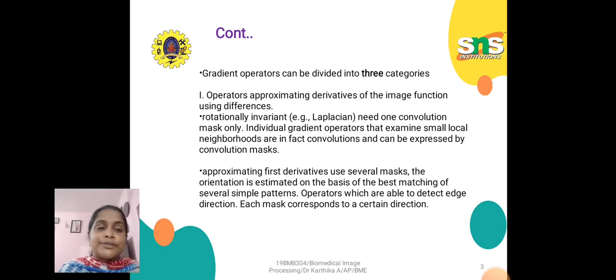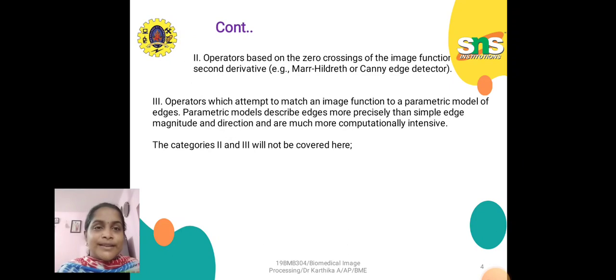Operators which are able to detect each direction, each mask corresponds to a certain direction, because in the previous video we discussed edge detection, and in edge detection we consider both the magnitude and direction of the gradient. Same here.